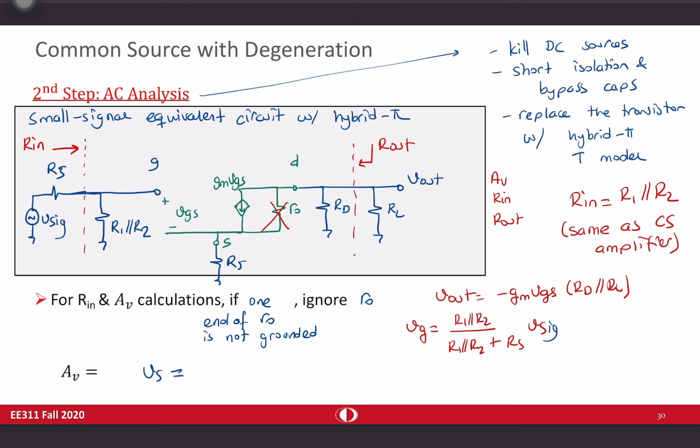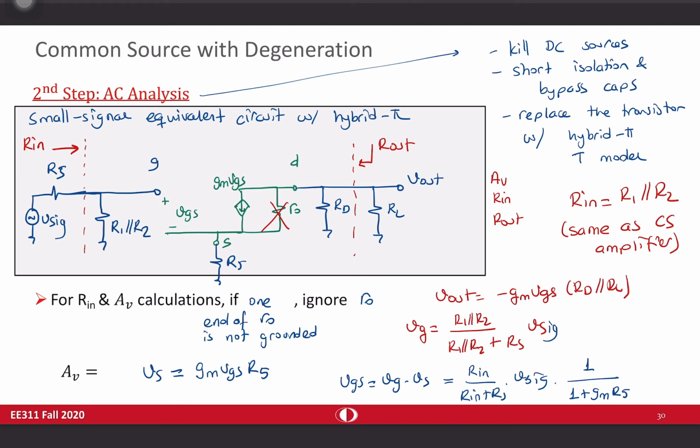Vs is equal to Gm VGS times R5. Okay, so VGS is equal to Vg minus Vs, and if you calculate it, VGS will be equal to Rin, let's say, over Rin plus Rs times V signal times 1 over 1 plus Gm R5.